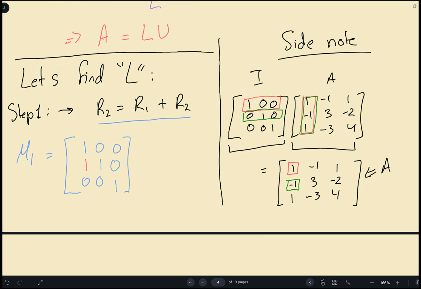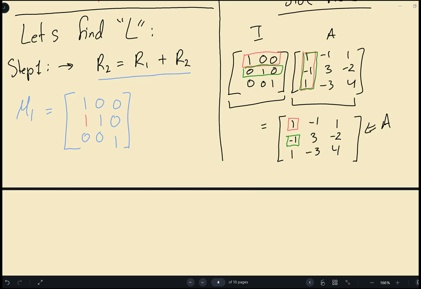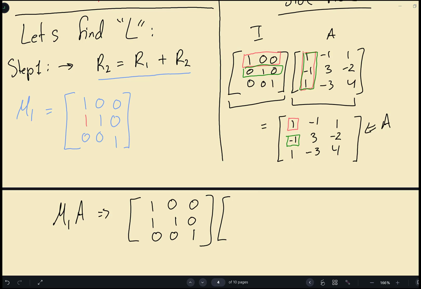So if I look at the matrix A, for example, let's take this as an example here. If I do M1 multiplied by A, what we're doing here is the following. So 1, 0, 0, 1, 1, 0, 0, 0, 1. And then let's put the matrix A here. We have 1, negative 1, 1, negative 1, 3, negative 2, 1, negative 3, and 4.